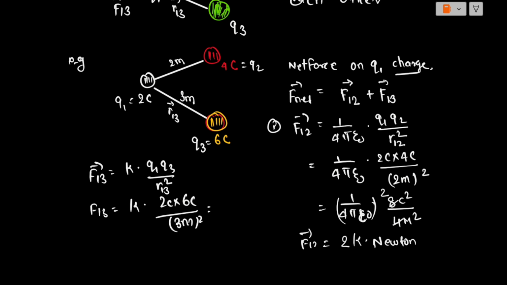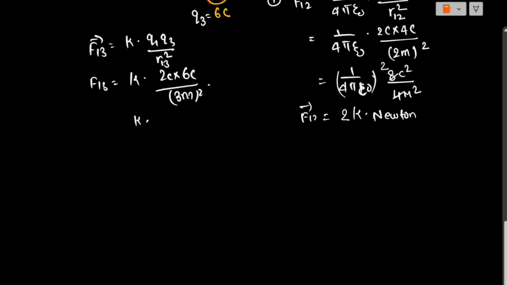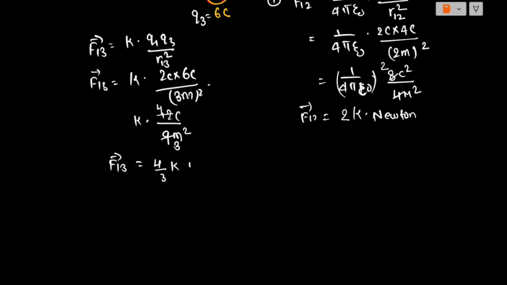Now 3 meter squared is actually 9 meter squared when we square its distance. So that would be 12 coulomb in the numerator and 9 meter squared in the denominator, so F13 vector is equal to 4 over 3 k Newton, right?